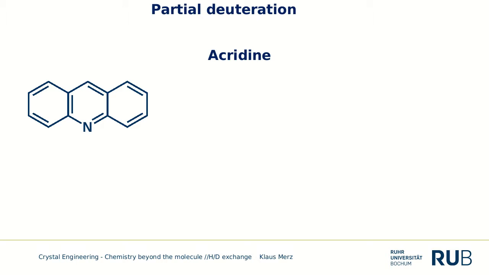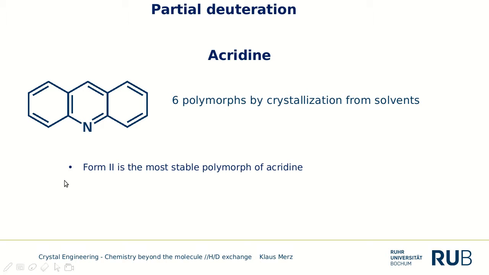Look at acridine. This is the molecular structure of acridine. Well, in the case of acridine, six polymorphs are known, and all of them could be obtained by crystallization from different solvents and solvent mixtures. Okay, what calculations and experimental observations have shown is that form 2 is the most stable polymorph of acridine.